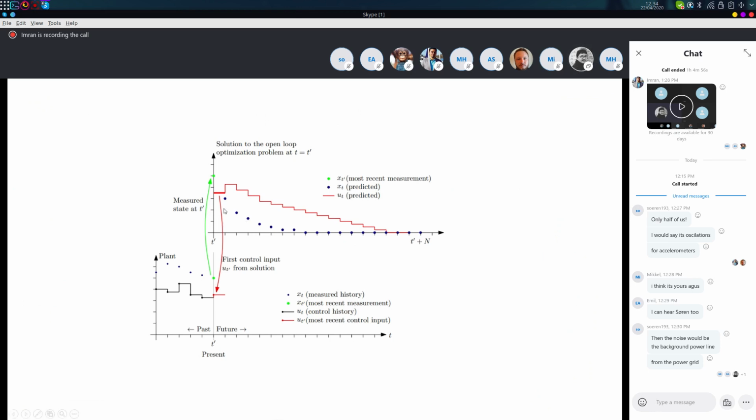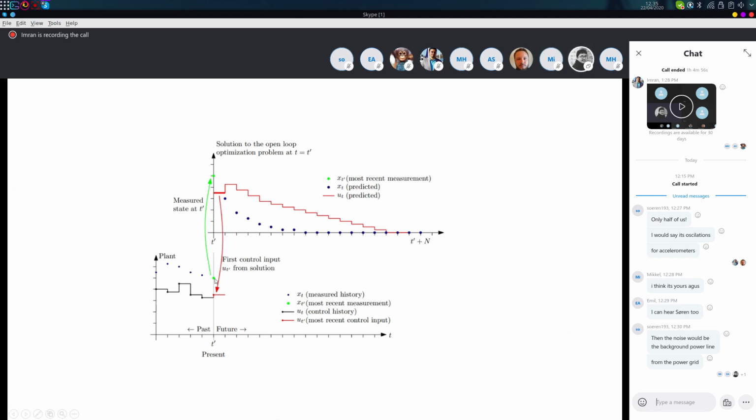Last week I also mentioned that in order to solve this optimization, you need to know about the x0. This is the position at the current time, at the present. So you get this from the sensor, this green dot. The problem is that the signal from your sensor contains noise.